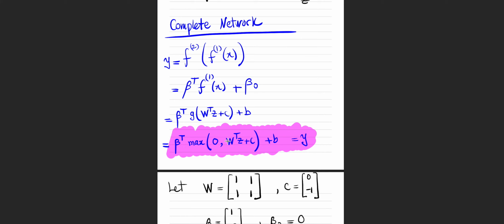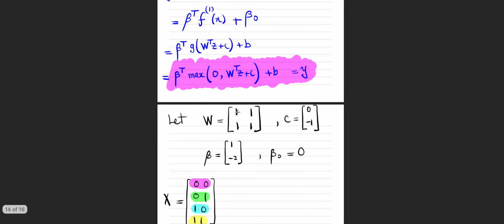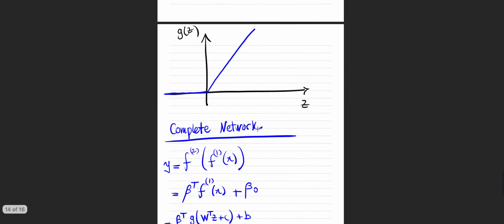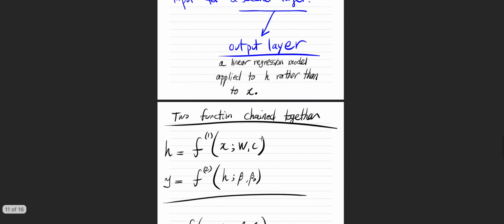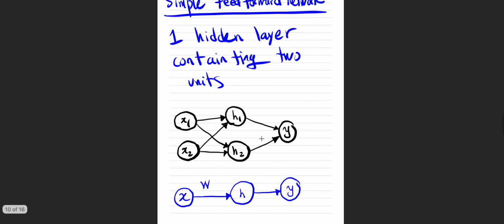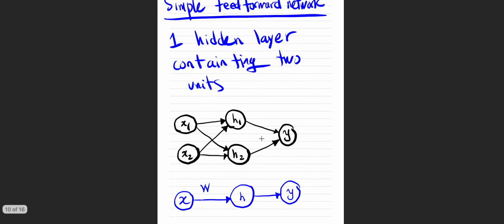Now, how we find these is part of the optimization algorithm, which I don't go into, but I just want to show you that by having an appropriate W, we are able to capture the function we want. So let's say W is 1, 1, 1, 1, meaning that inside H1, we are just adding x1 and x2, and here we are also adding x1 and x2.